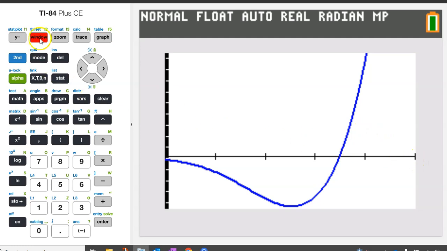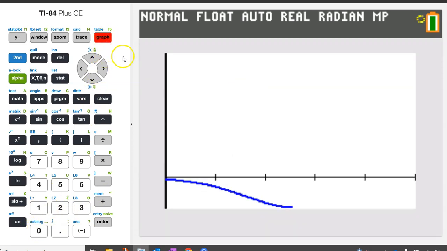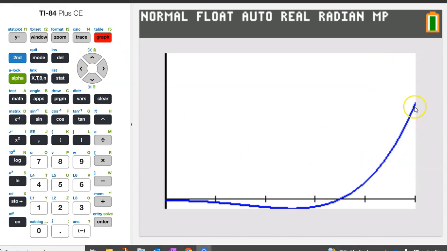I may just never get there. Okay, I'm going to go to 200. If this doesn't work, I'm going to keep playing with it off camera, because I really would like to see it go all the way to the end. I'm going to try a few more values. I'm going to keep doubling until I see it get to the end. Okay, this is at a y max of 800.